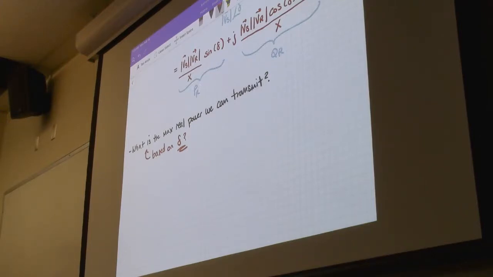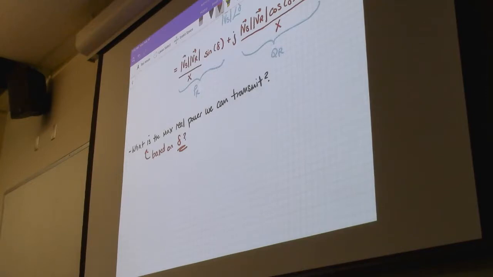Assuming that all the voltage magnitudes stay the same, assuming that the reactance along the line stays the same, everything else stays the same. What's the maximum value that we can transmit for PR? That would be when sine of delta is equal to 1.